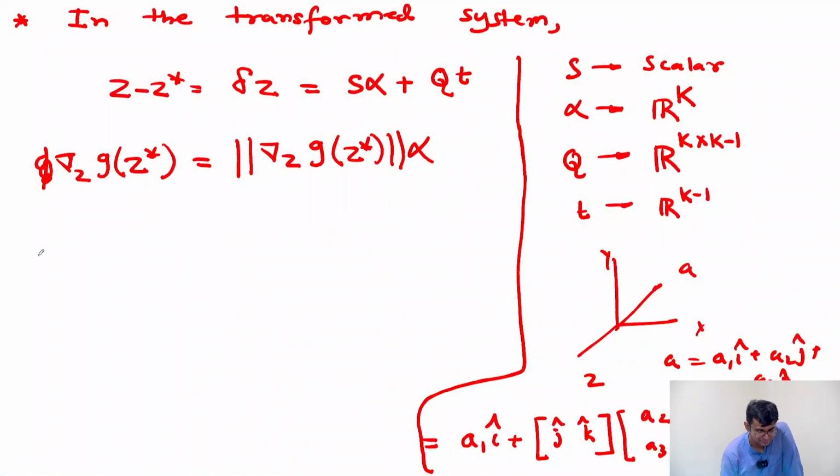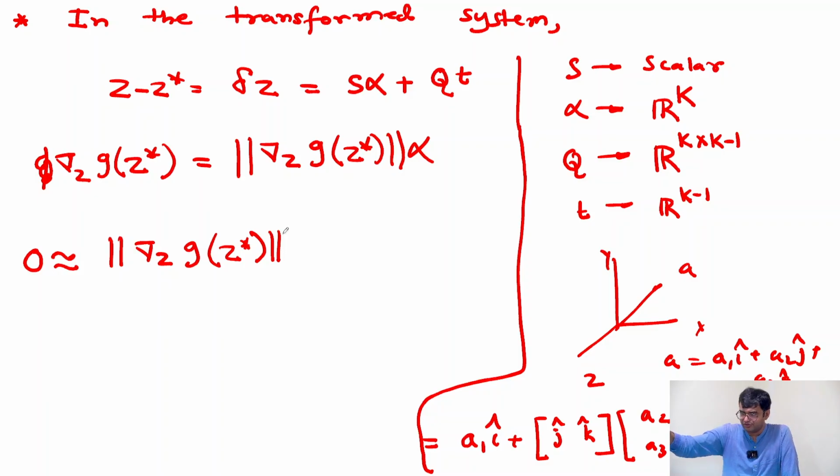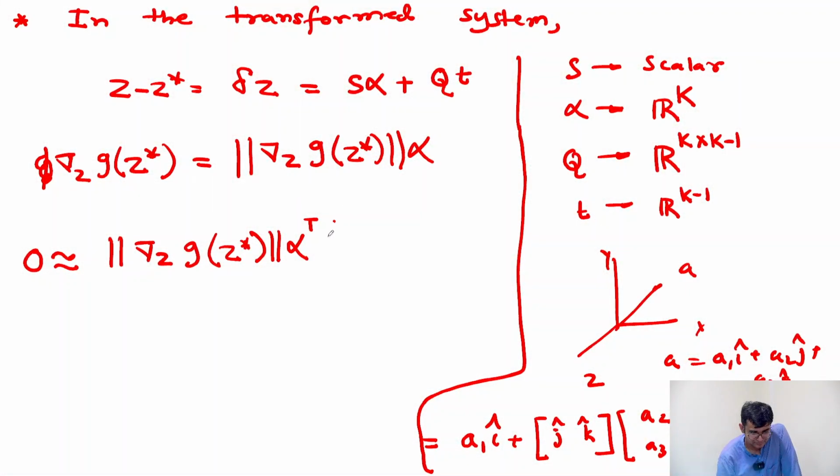So I will get 0 approximately equal to grad G transpose at Z star, and this is a magnitude, a scalar value, so that I don't care about, alpha transpose, right, multiplied by Z minus Z star, which is delta Z, which is equal to what you are seeing at the top, S alpha plus Q t.